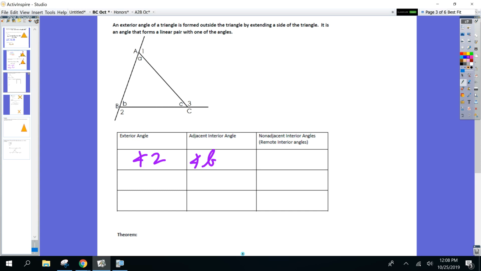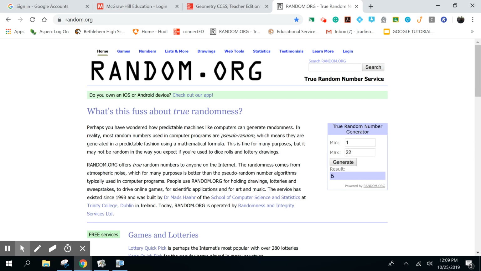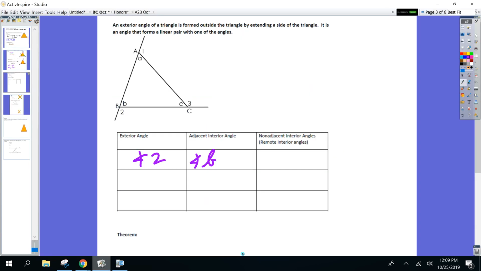So still inside the triangle, but just not next to angle 2. And those would be angle C and angle A. Now, quickly here, I do not use the term non-adjacent interior. It just doesn't mesh well. So I use what's in parentheses here, which is remote interior. So you will hear me say remote interior rather than non-adjacent interior. All right, use what you want though, but that's what I'm going to talk in class with.